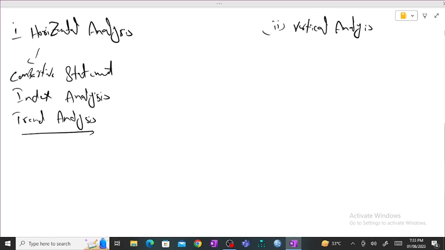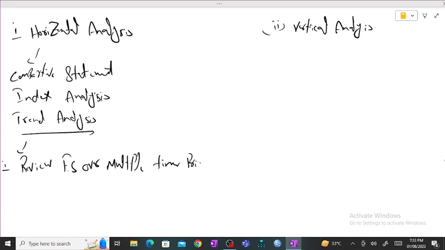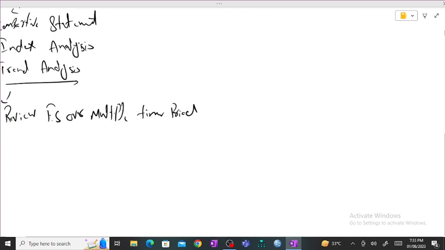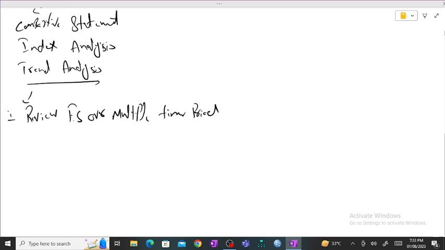Trend analysis basically reviews the company's financial statements over multiple time periods. Number one, it reviews financial statements over multiple time periods. Other idea is that it shows growth in percentages.